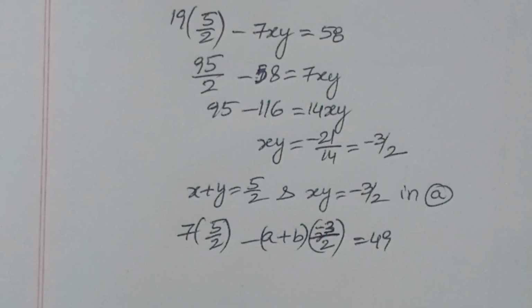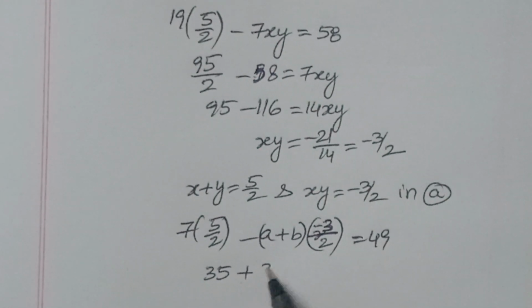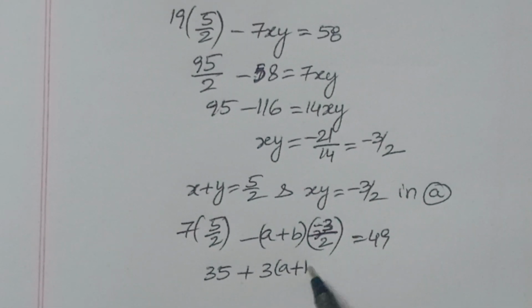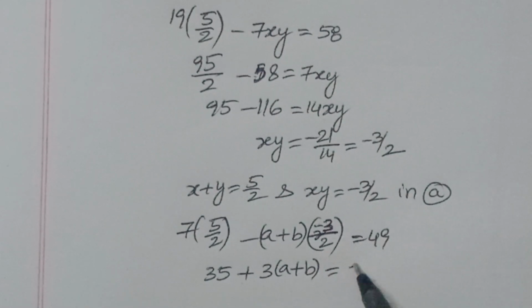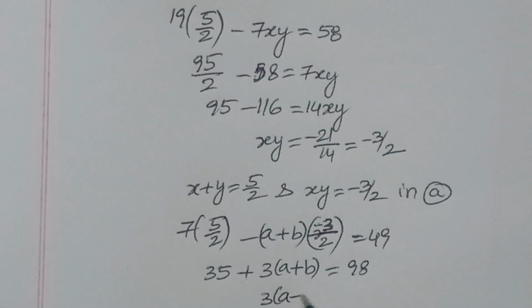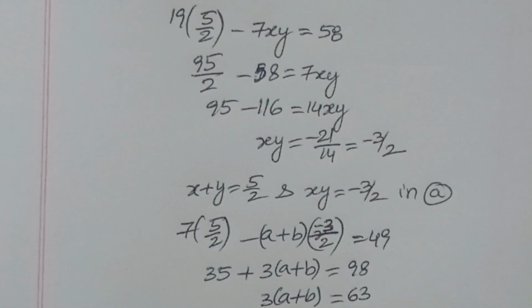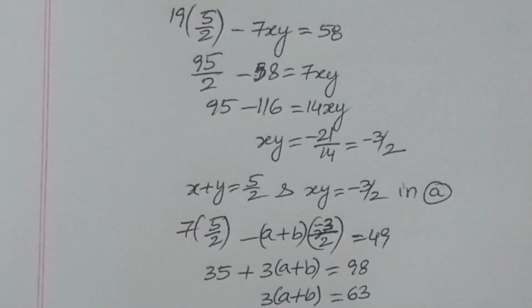So here 35 plus 3(a plus b) is equal to 98. 3(a plus b) is equal to 63. A plus b is equal to 21.